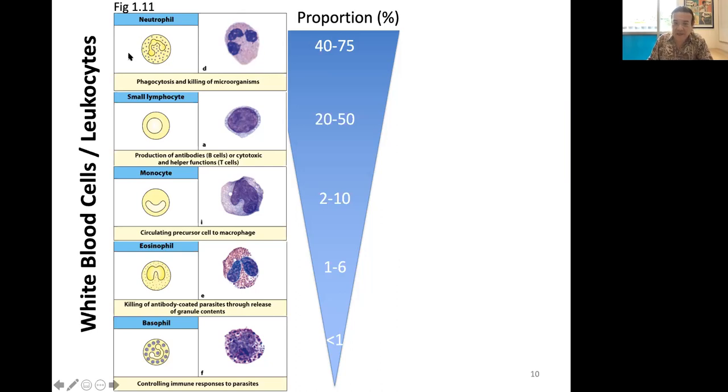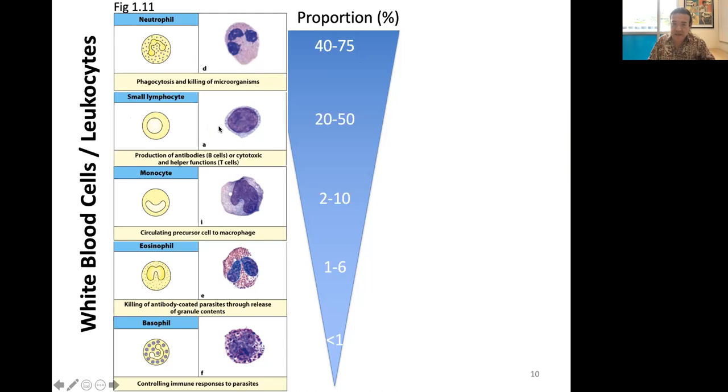The most abundant of these 5 types of white blood cells or leukocytes in your blood are the neutrophils. So anywhere from 40 to 75% of the white blood cells in your blood at any given time are these neutrophils. I say 40 to 75 because that varies from person to person and also depending upon whether or not you're actually experiencing an infection. Okay? Then the second most common one are the small lymphocytes.